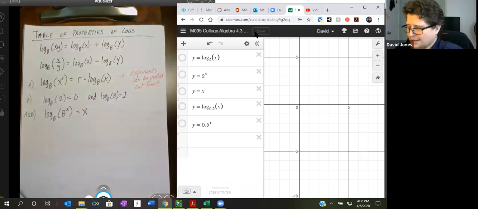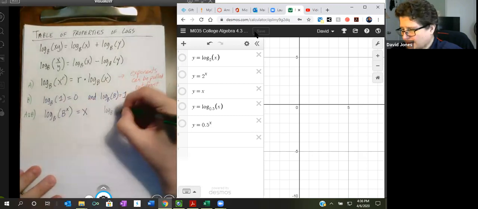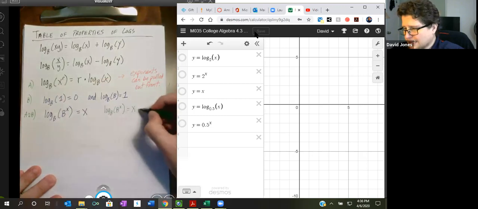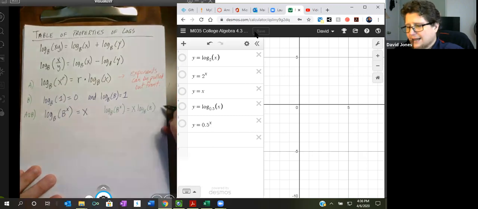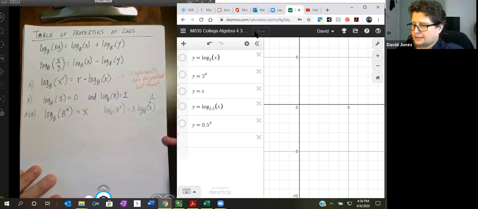How does that combine? We have log base b of b to the x. We use A to rewrite this as x times log base b of b. And we use B. B says this is 1. So that's how that ends up working.